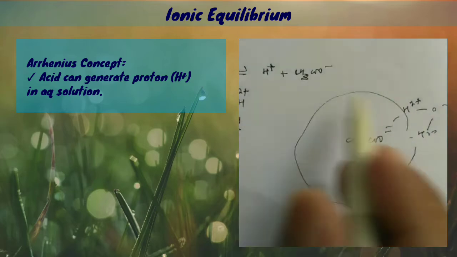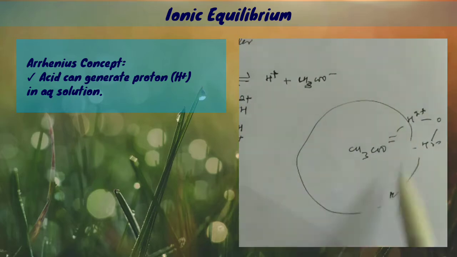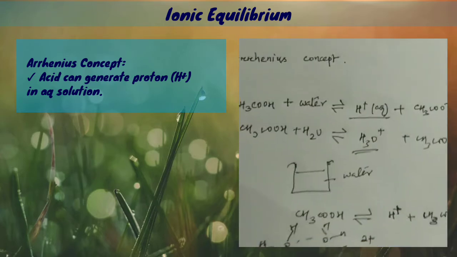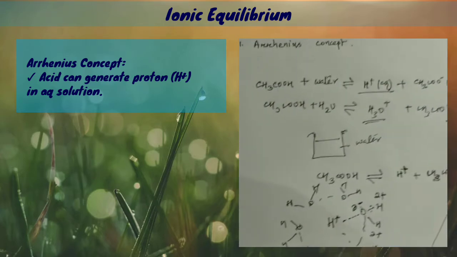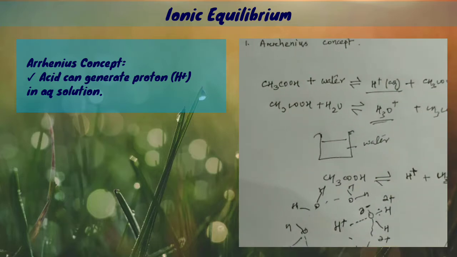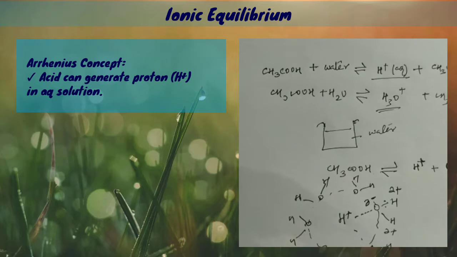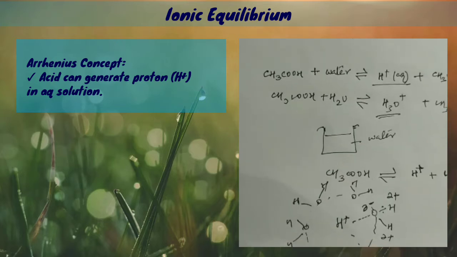So this is also represented by this aqueous. Understand? So according to the Arrhenius concept, we can say that an acid is a substance which can form H+ ion in its aqueous solution. So this is the concept.